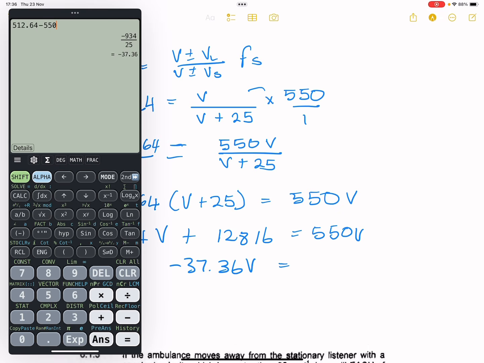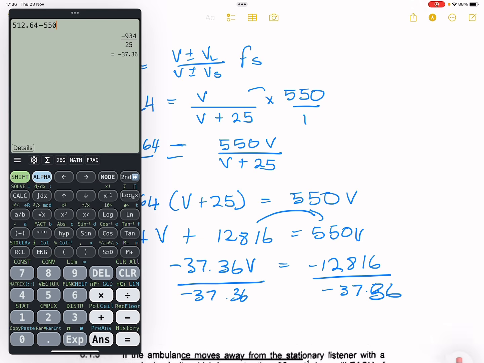This is equal to negative 12,816, when we take the number to the other side. So we're going to divide by negative 37.36 on both sides.